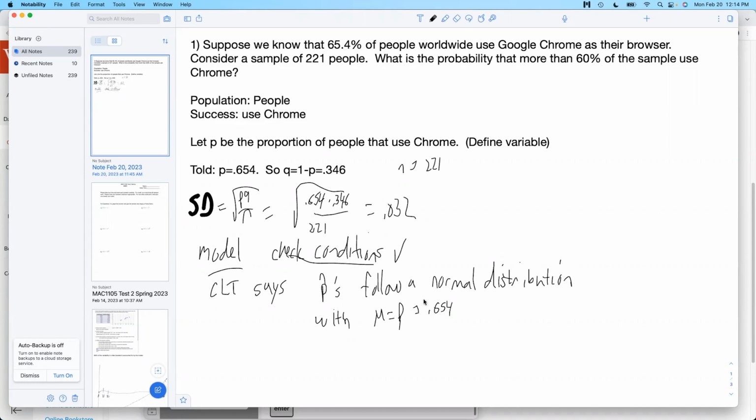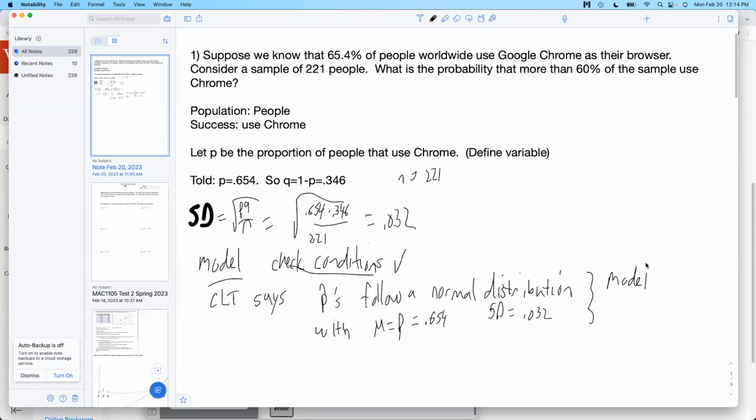That's an equals sign there, though it may look like not equal to. And the standard deviation of 0.032. So if I ask you for the model, you have to say all of that.